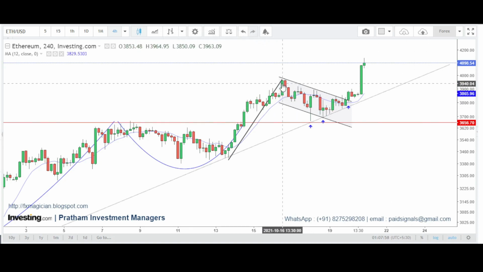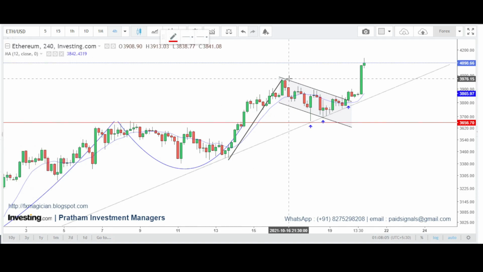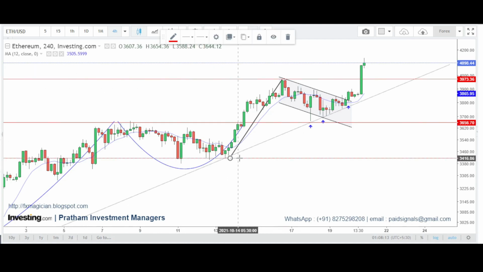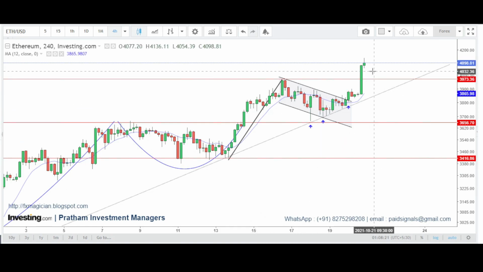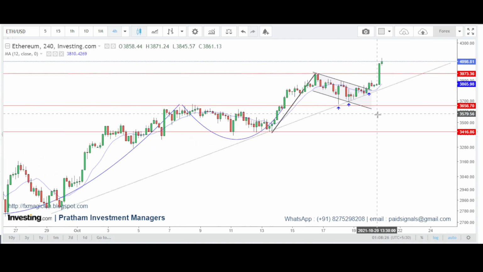So what will be the target of this flag? First, we will calculate the target of this flag. The resistance was around 3970 or 3980 area, and the base of the pole is around 3416, or we may assume 3420. So the difference is approximately 550 points.